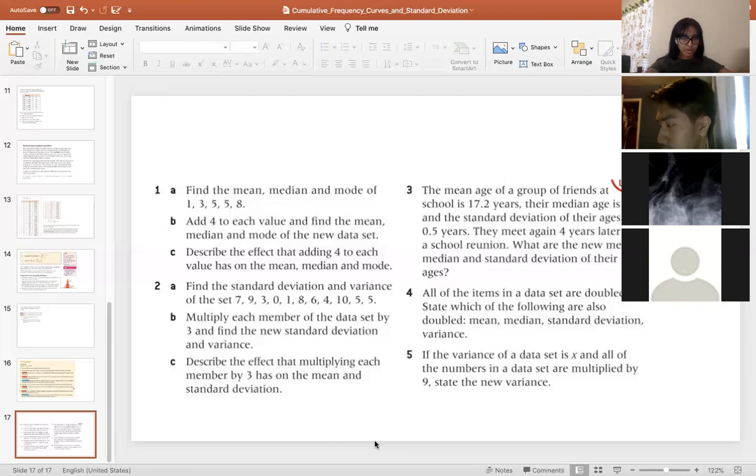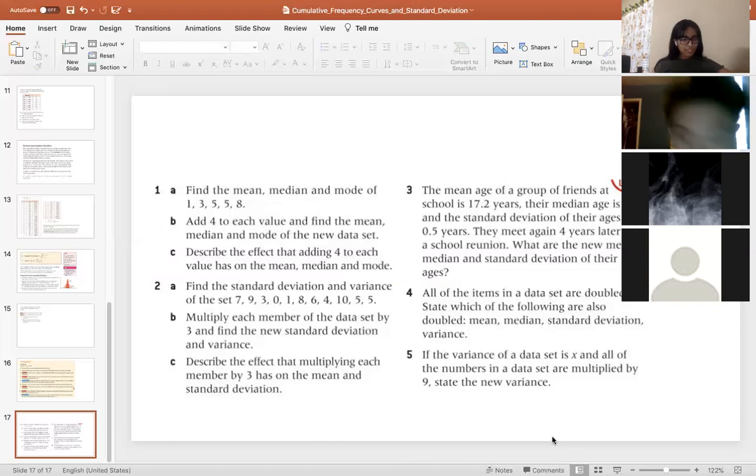Okay, does anyone want to say what they got for the standard deviation for 2A? No, what if I got it wrong? Girl, don't worry. I did this a week ago. For 2A, I think for standard deviation I got 3.08, and for variance I got 9.12.